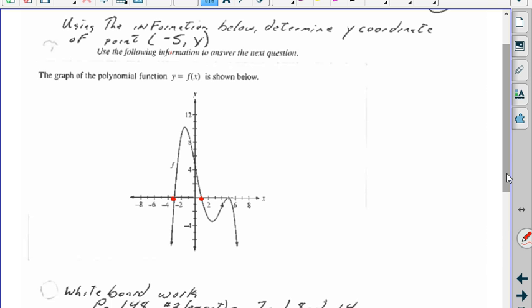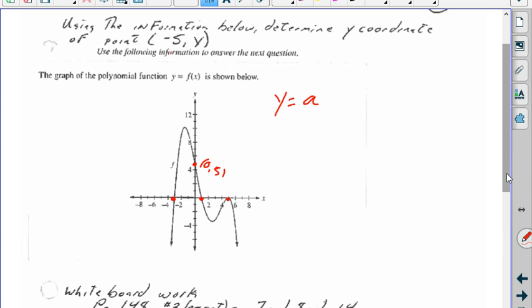We have 3 zeros, and we have a y-intercept at (0, 5). So that can be used to find our equation, just like we were doing. I'm going to have to use some a value.